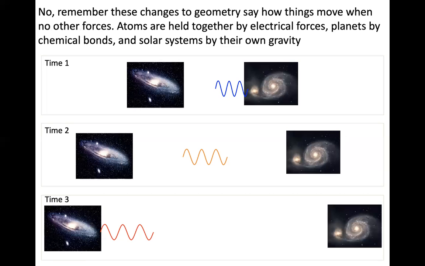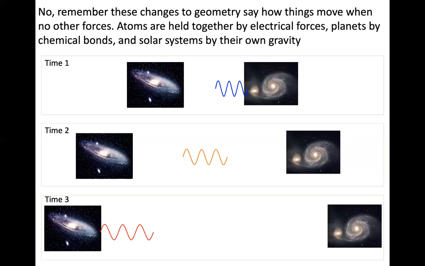When we're talking about atoms or planets, which are held together by chemistry, those are forces. Those are things that aren't just moving along free paths. So the size of a physical object, like a person or a planet, doesn't change due to universal expansion.